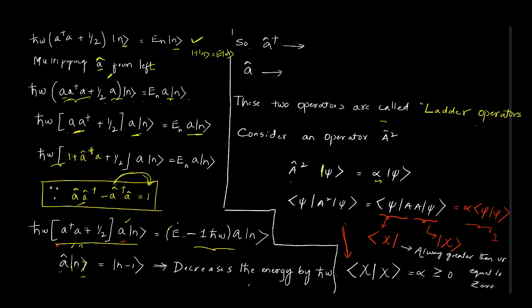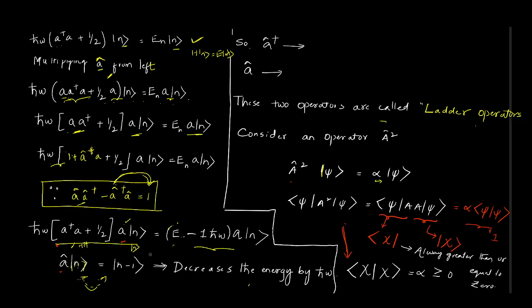So ħω(A†a + 1/2) a ket equals this term, a ket. This is H, operating on a ket, and we have multiplied with a, and here we have energy and a ket, but we get an extra term, which is minus ħω.